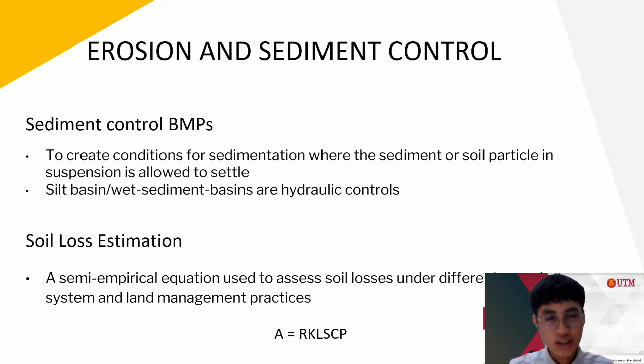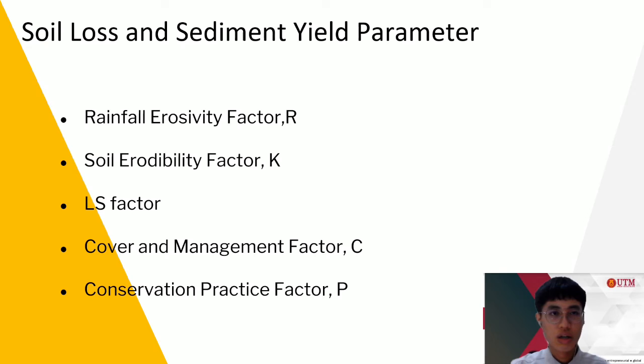The Universal Soil Loss Equation (USLE) is a semi-empirical equation used to assess soil losses under different cropping systems and land management practices. This equation is a product of six factors representing rainfall and runoff erosivity, soil erodibility, slope length, slope steepness, cover management practices, and support conservation practices.